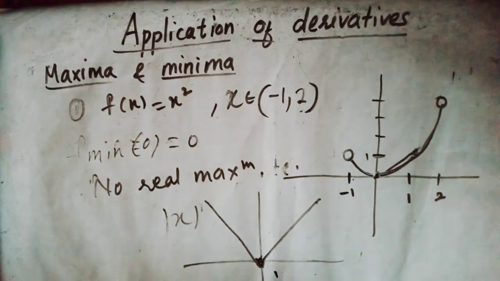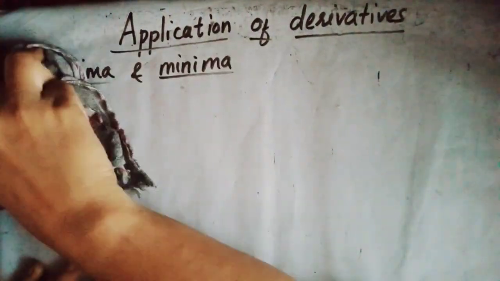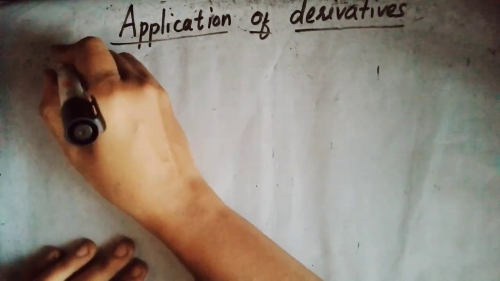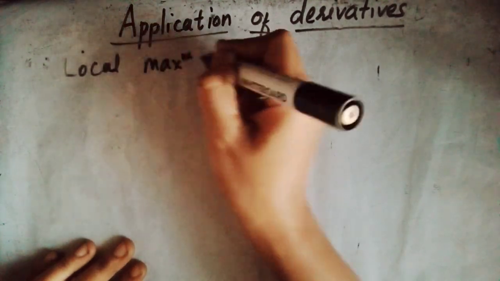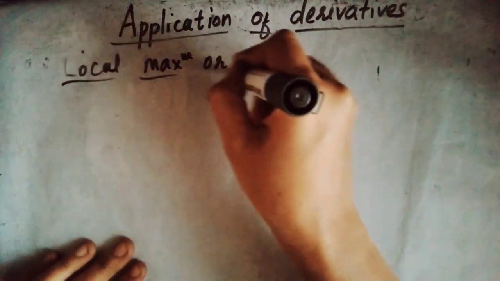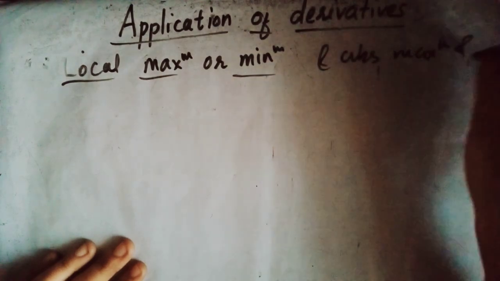And the second thing we are going to learn is to find local maximum and absolute maximum. I'm just going through the theory. Local maxima or minima and absolute maxima and minima.